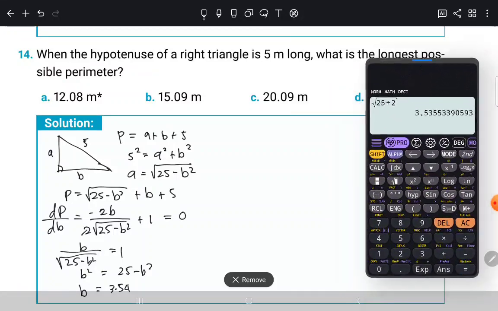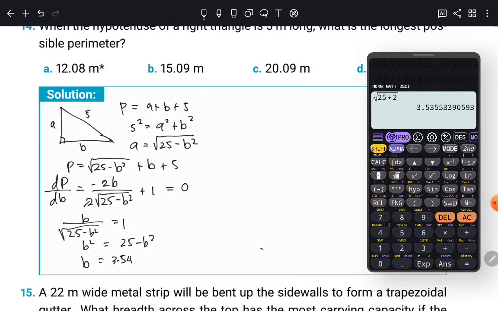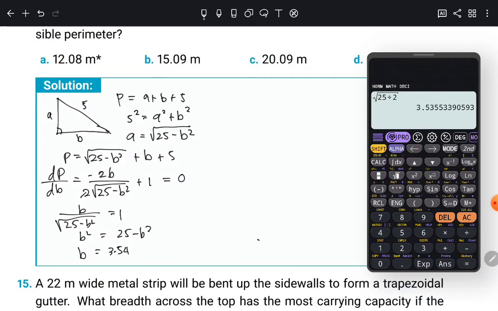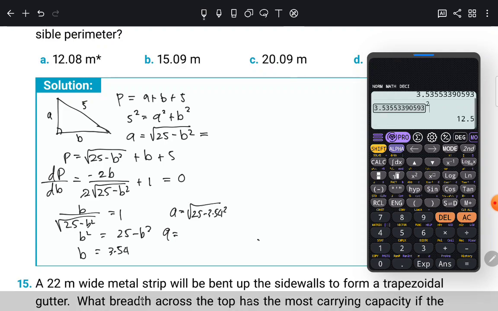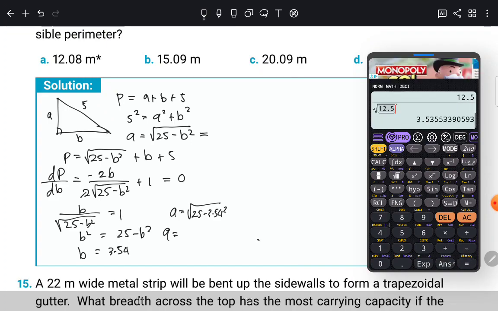But what we want is the perimeter. So we also need to solve for A, and we know from here that A is equal to the square root of 25 minus B squared. So A will be equal to the square root of 25 minus 3.54 squared. You just take the square of this, then 25 minus the answer, then take the square root again.